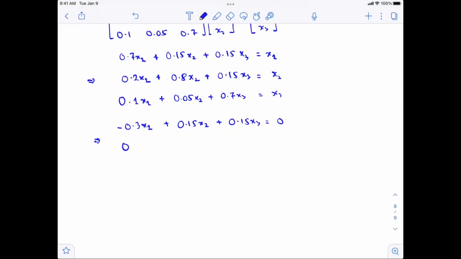The second equation is 0.2 X1 minus 0.2 X2 plus 0.15 X3 equal to 0. And the third equation is 0.1 X1 plus 0.05 X2 minus 0.3 X3 equal to 0.